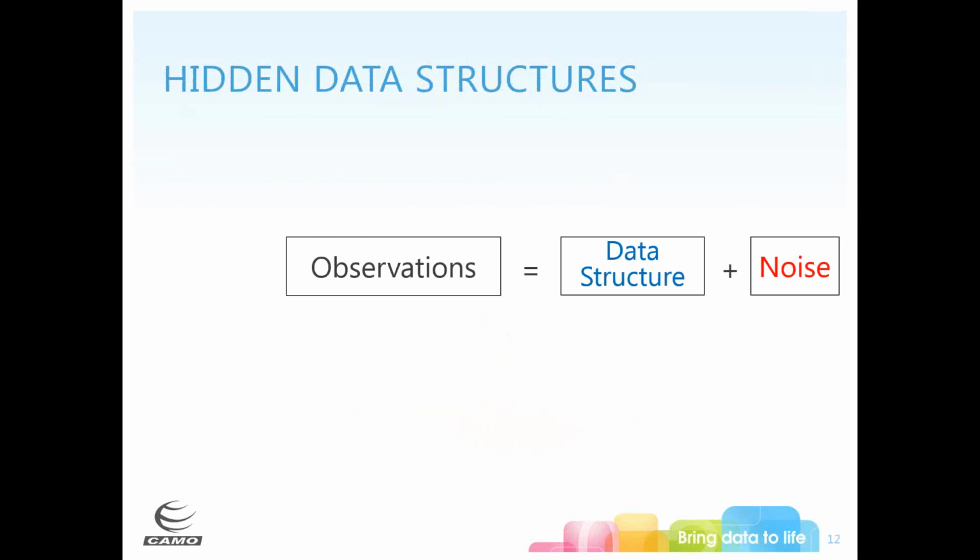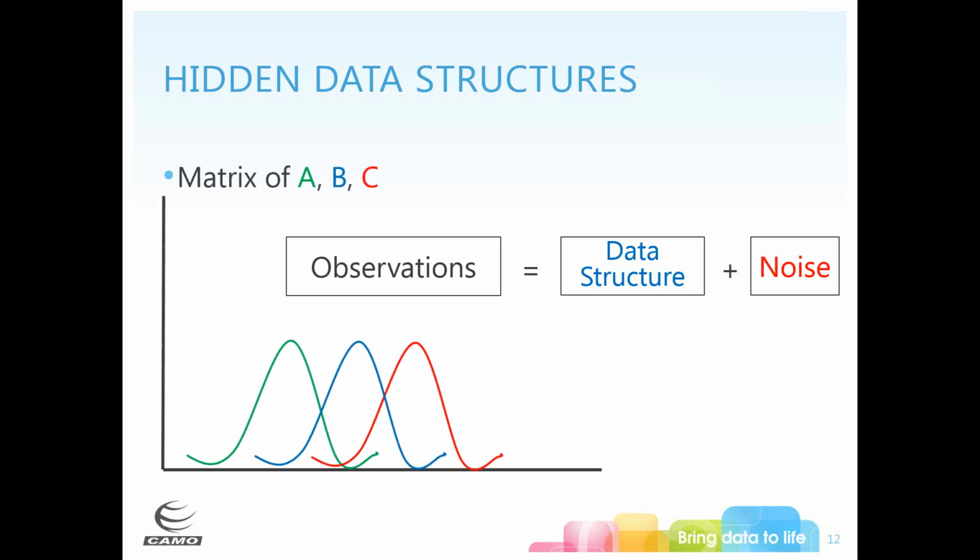So one thing we want to do is pull out our hidden data structures. We start with our full information. These are our observations, and that can be broken down into your data structure and your noise. And what's considered your data structure and what's considered your noise can be very dependent on your particular application.